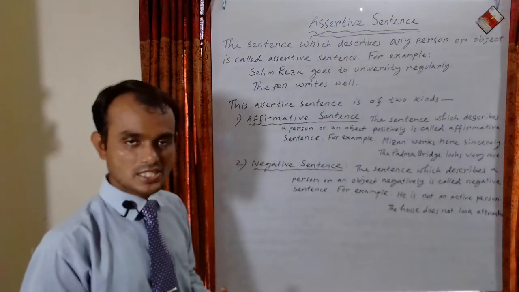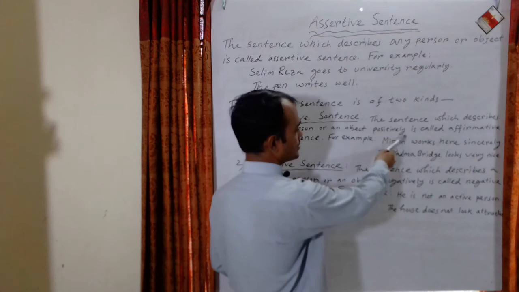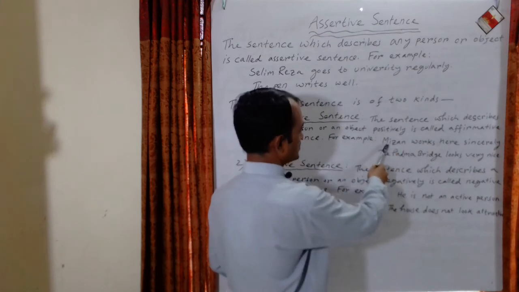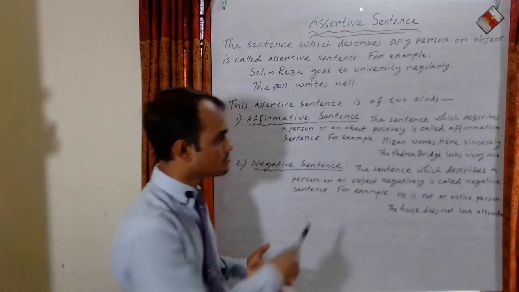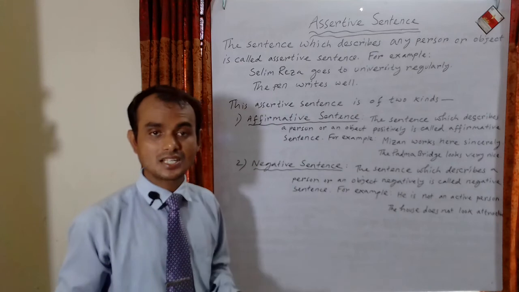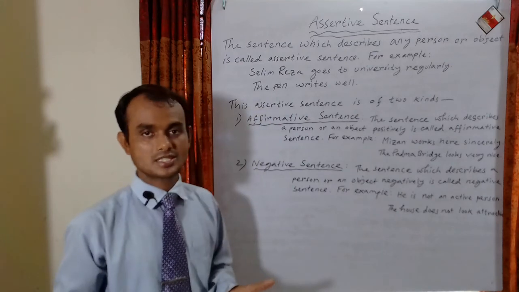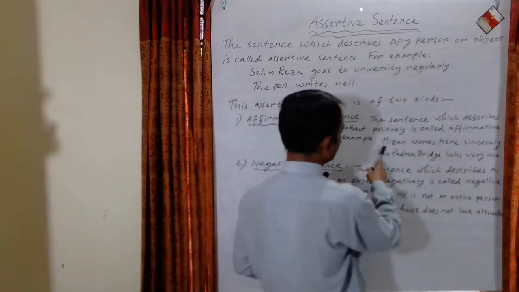Dear students, from this sentence we find Mijan is the subject. Mijan is the person, and this sentence describes Mijan positively. That means a positive side of Mijan. So this is an affirmative sentence.